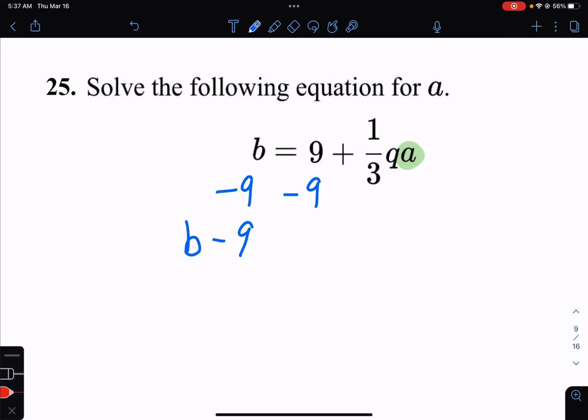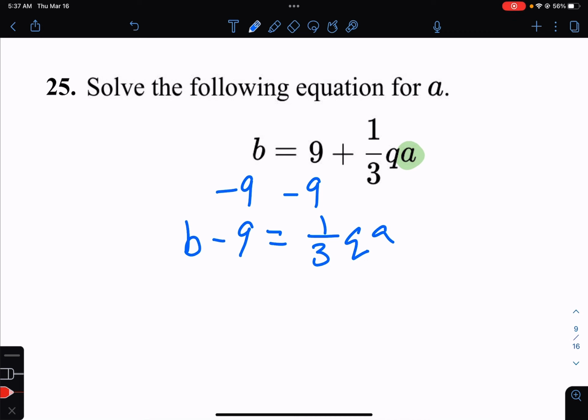Remember when you had to flip x and y and isolate the y value? It's the same rules, right? Where you have to work from outside of the equation in closer to the variable.